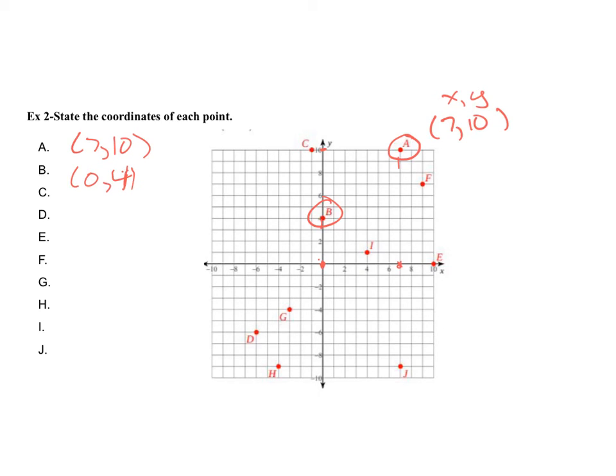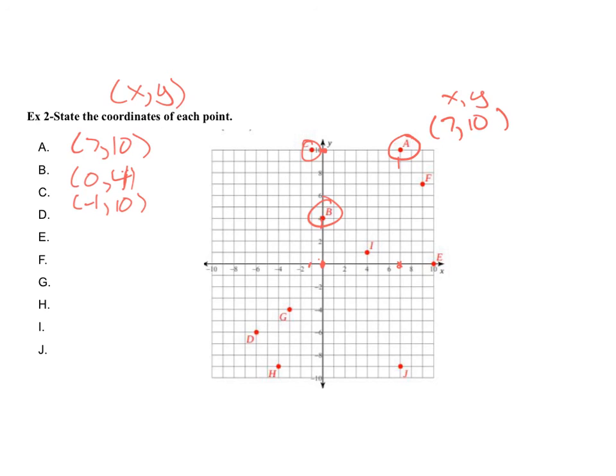All right, if we look at C, that's going up here now. And again, if you look at your x value first, trace down to a -1, and then trace over to a y value of 10. So again, remember, all of your coordinates should always have the x value first, y value second.